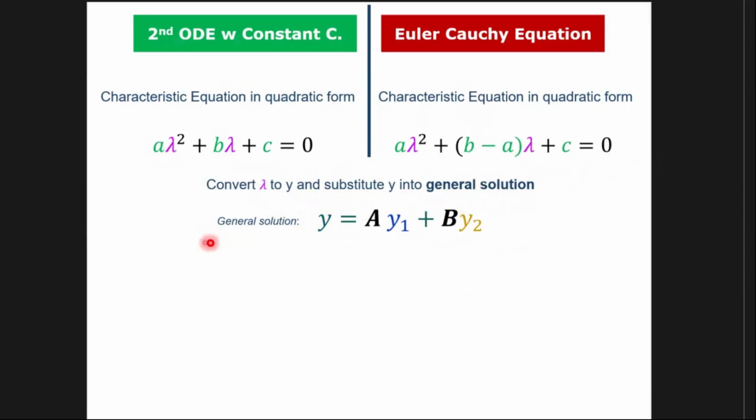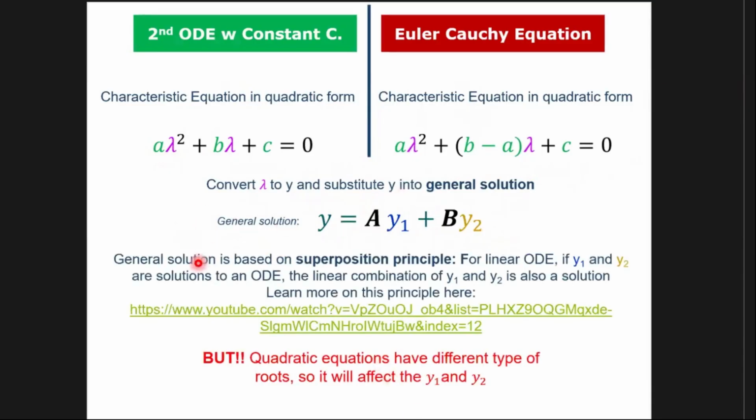This is the general solution for second order ODE: y equals a y1 plus b y2, where a and b are constants. This general solution is based on the superposition principle, which states that for a linear ODE, if y1 and y2 are solutions to an ODE, then the linear combination of y1 and y2 is also a solution.